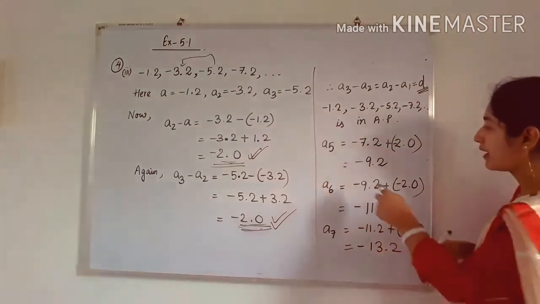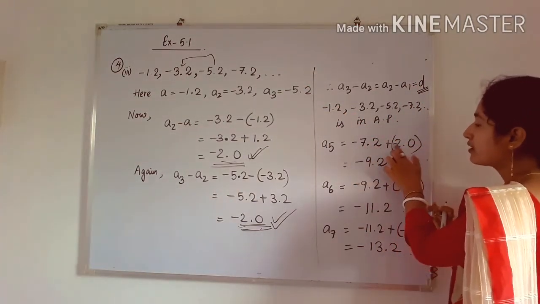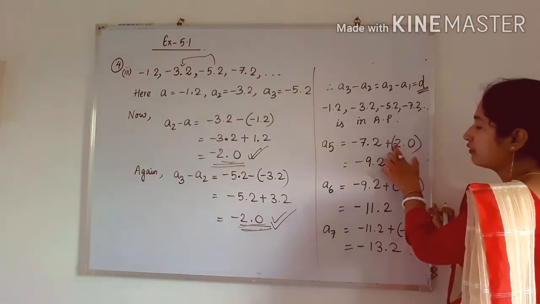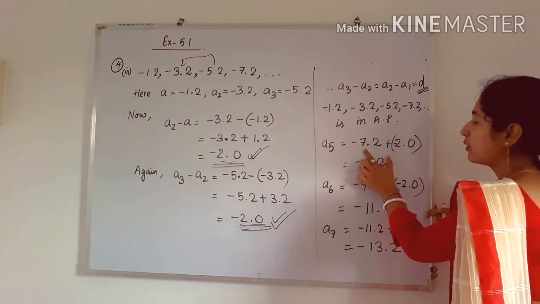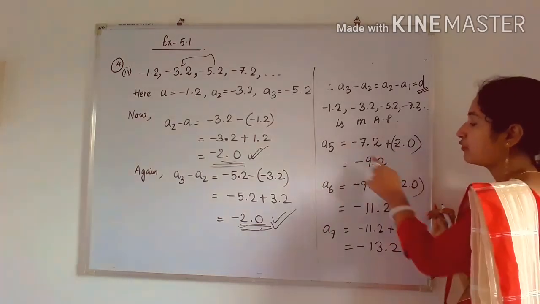As the subtraction means a minus sign is there before the common difference, plus minus will be minus, and minus 7.2 minus 2.0 will be minus 9.2. This is the 5th term.